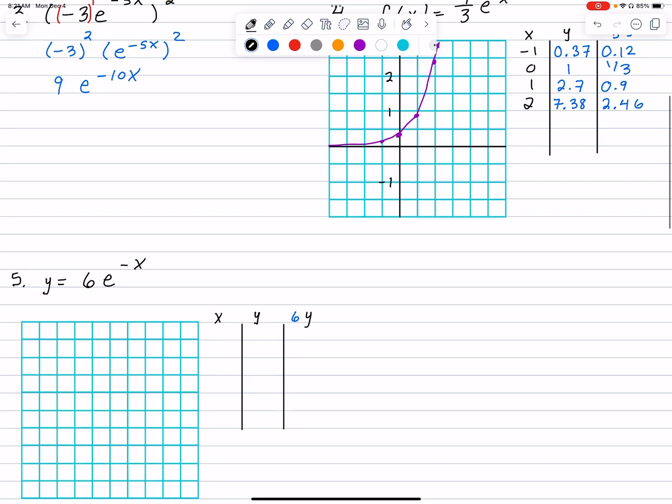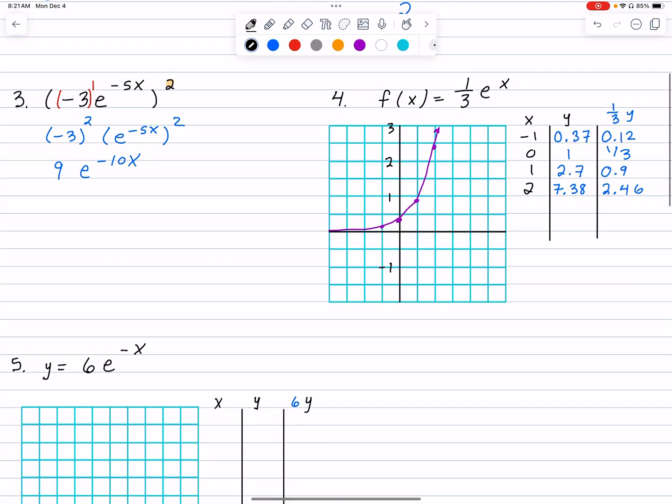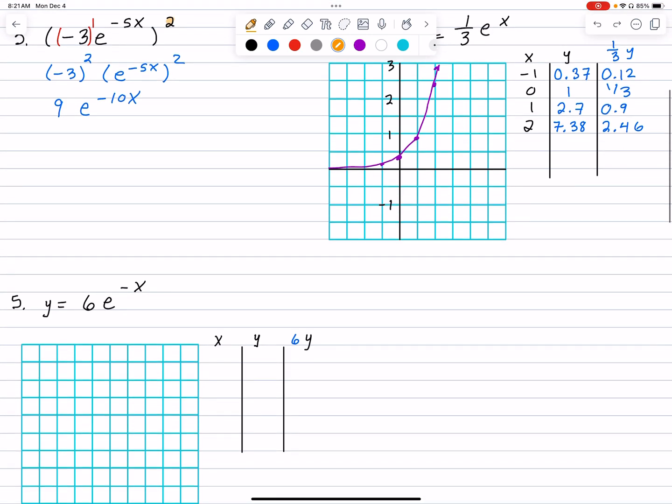I'm going to use most of the first two things that I did in my previous table. I'm just going to use those 2 columns because they're pretty good, except I think I'm going to start from -2. So I'm going to go -2, -1, 0, 1. Maybe I'll do 2 also.